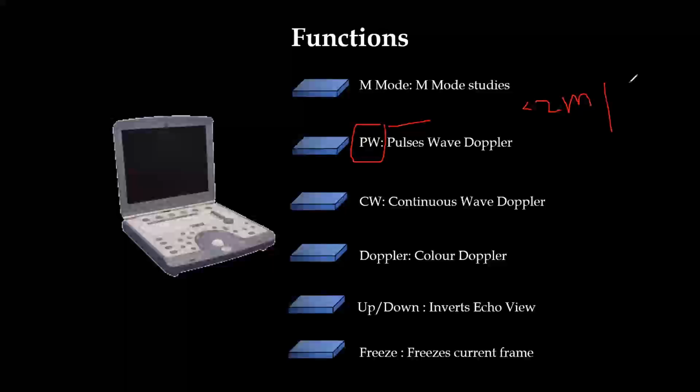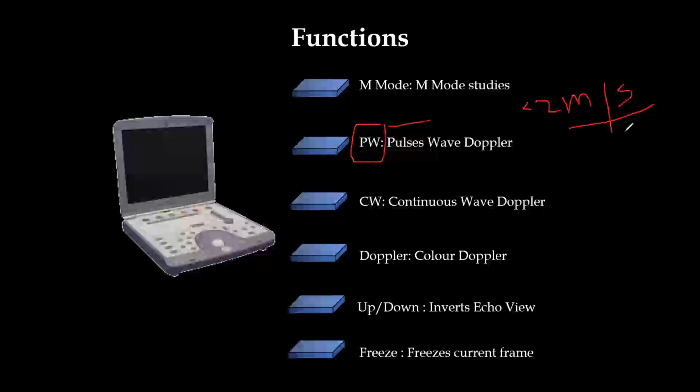Okay. Theoretically it is 2 meters per second, but on many machines, like in my machine, if your peak velocity reaches 1.6 or 1.8 meters per second, then the phenomenon we call aliasing starts, or what we call the Nicosia effect.